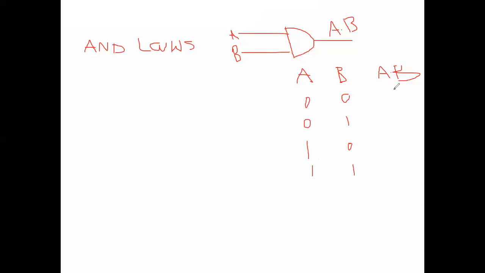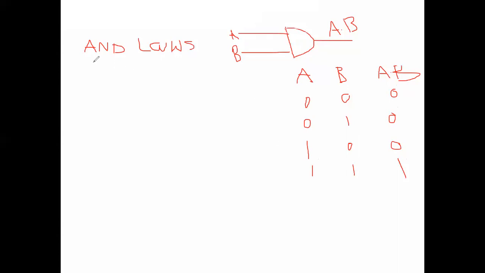What is the output here? At 0 0, the output is 0; at 0 1, 0; at 1 0, 0; at 1 1, 1. Okay, do you remember the table?